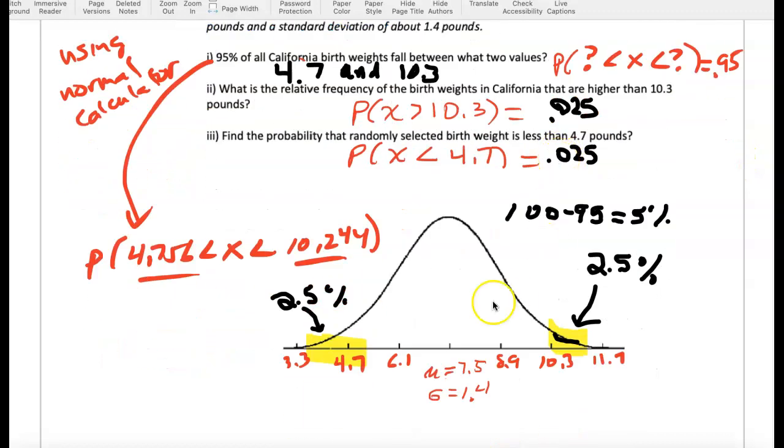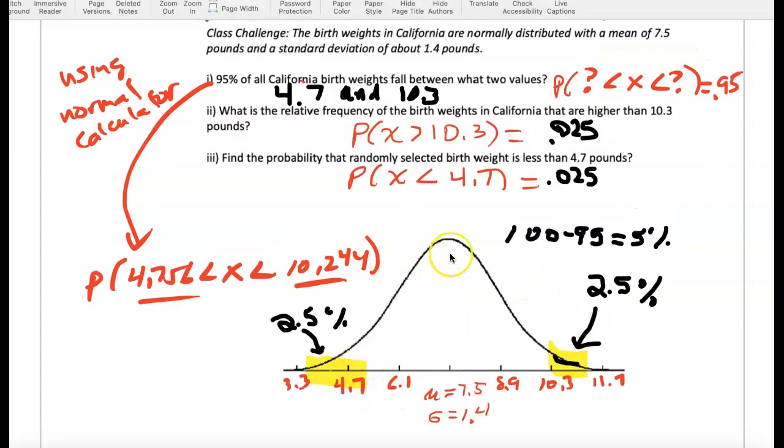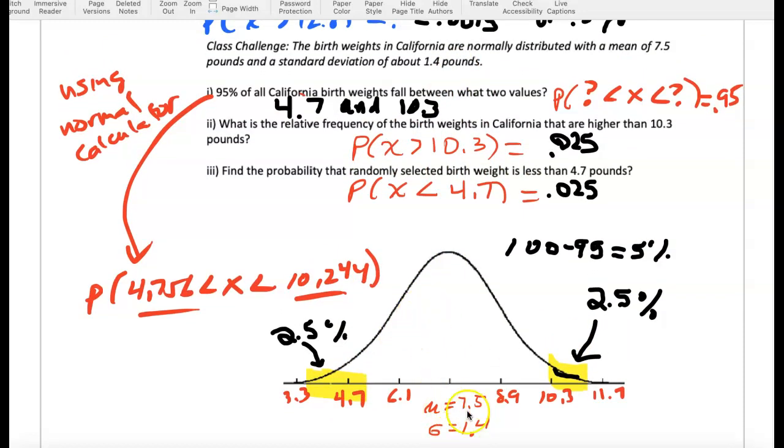So you're looking at a distribution just like this. I love to draw the distribution with the mean and standard deviation: 7.5, then 1.4, 1.4, and that's your 10.3. 1.4, 1.4 below is 4.7. And we know 95% of the data is within 2 standard deviations. That's how we go about getting these values.